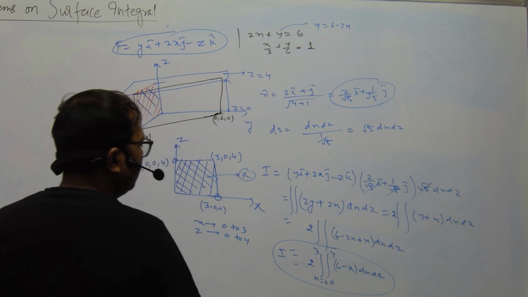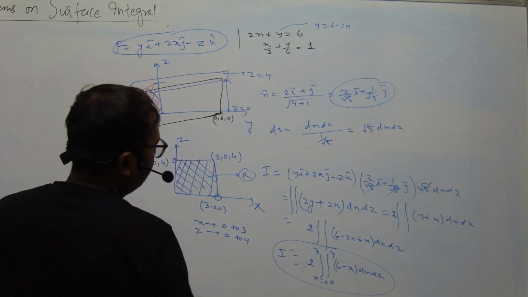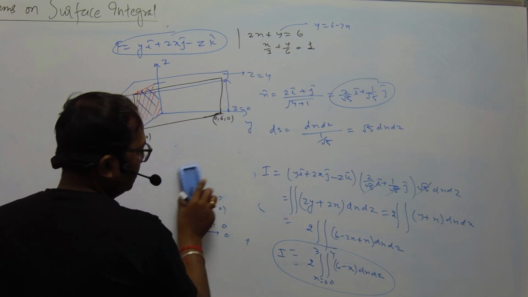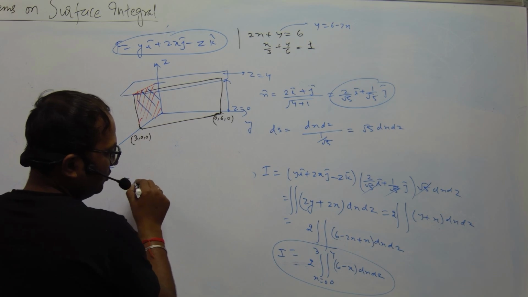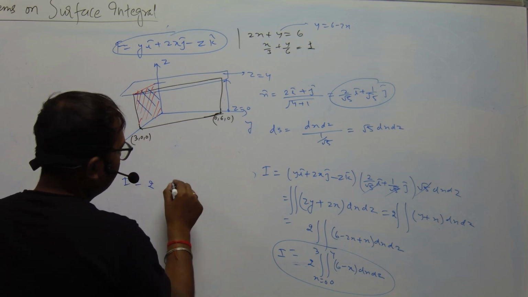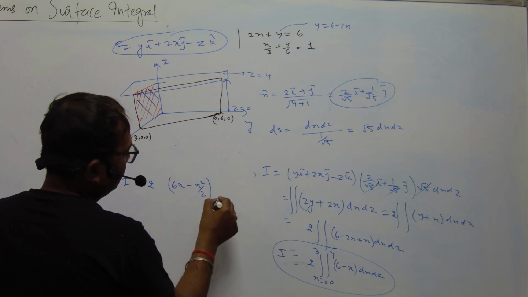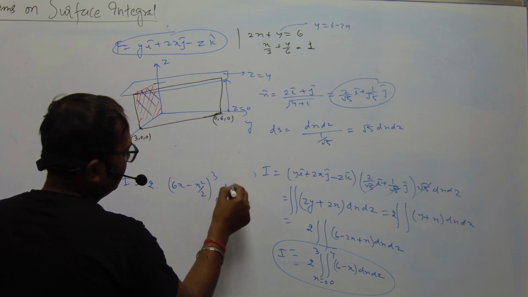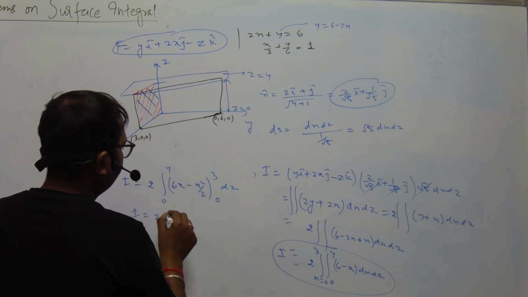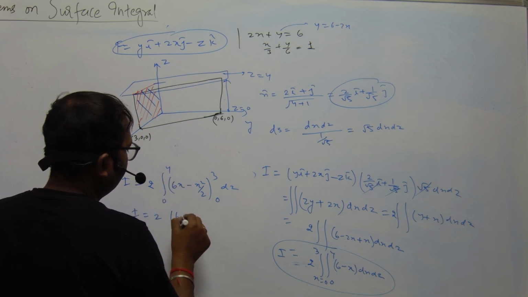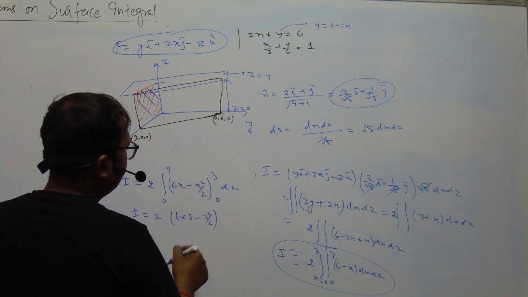Let us find the value of I and further simplify this. I is equal to 2 times the integral of 6x minus x square upon 2, with limits 0 to 3, dz.